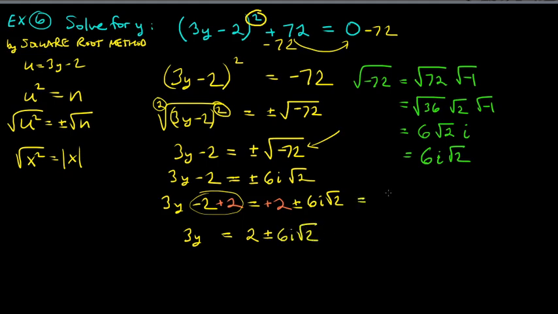So you could, of course, write this as plus or minus 6i square root of 2 plus 2. Because we did that on the left, we put the 2 on the right side, and we could have put the 2 on the right side of the square root here. There's a slight issue with this in the sense that this might be a little bit ambiguous.